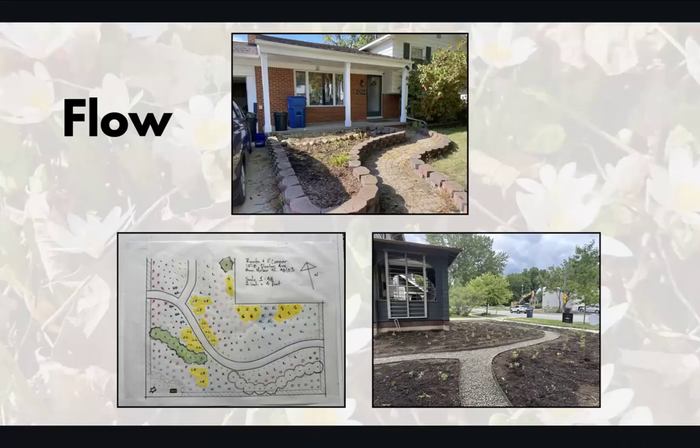When you go to somebody's house to plant a garden, one of the things you should naturally allow yourself to open up to is what is the flow of this landscape. And if nothing's popping out to you, all you have to do is ask the recipient, "Take me on a walk around your garden, where you normally go."